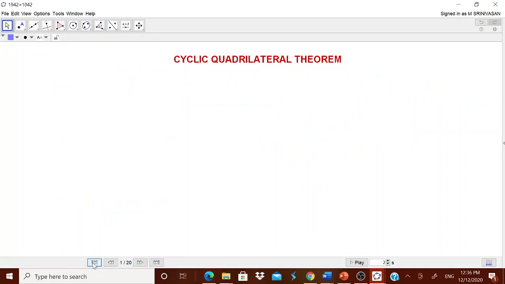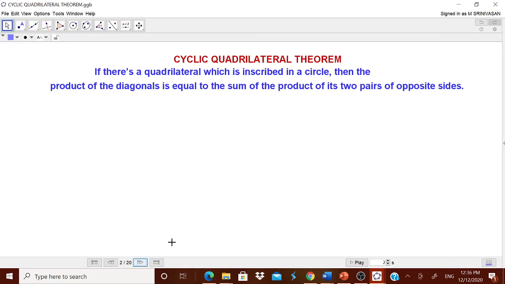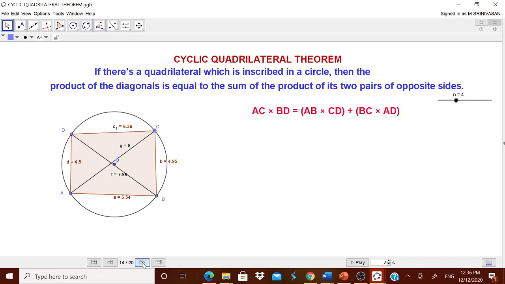We are going to tell the children what the cyclic quadrilateral theorem is. It connects the diagonals with the sum of the products of the two pairs of opposite sides. If there is a quadrilateral which is inscribed in a circle, then the product of the diagonals is equal to the sum of the products of its two pairs of opposite sides. We will show them a circle and a quadrilateral, and the values of the diagonals, the product of the diagonals, and the sum of the products of the two pairs of opposite sides.